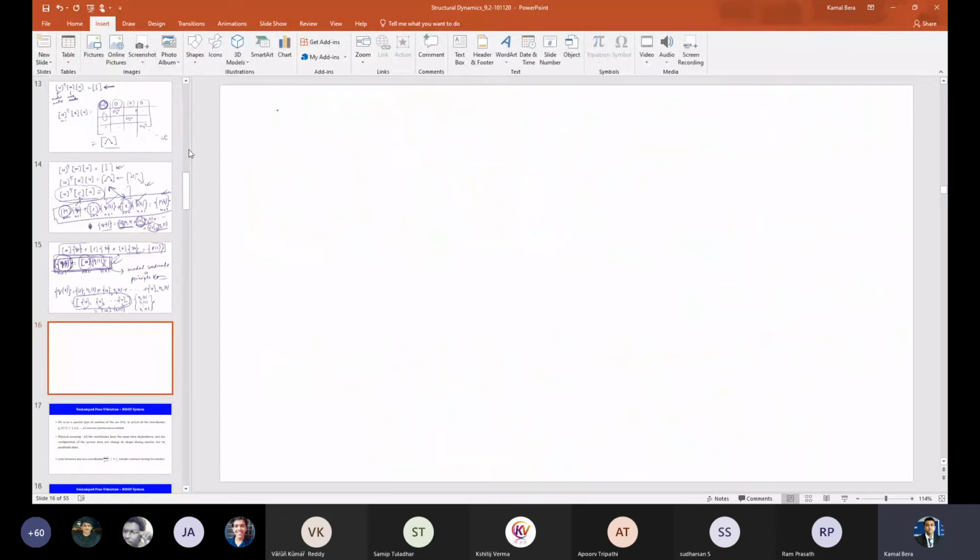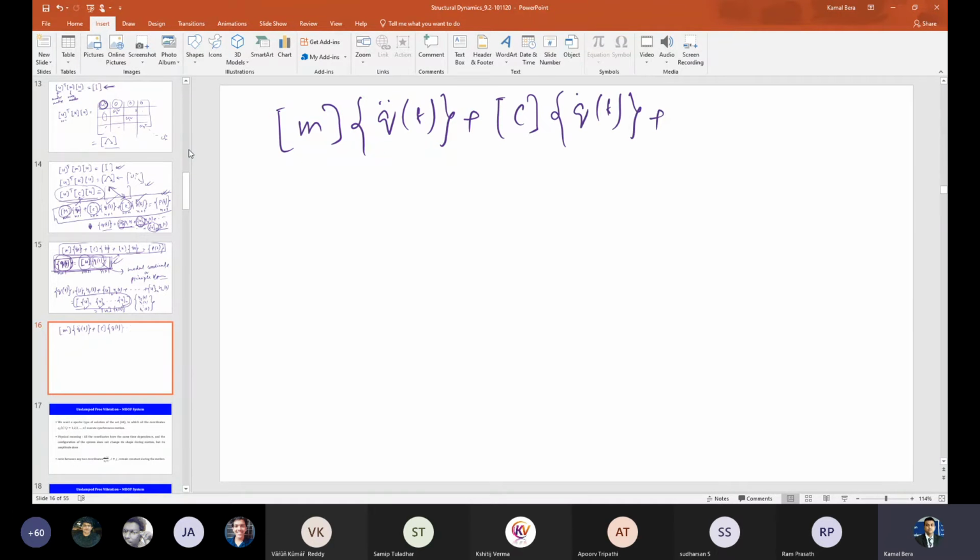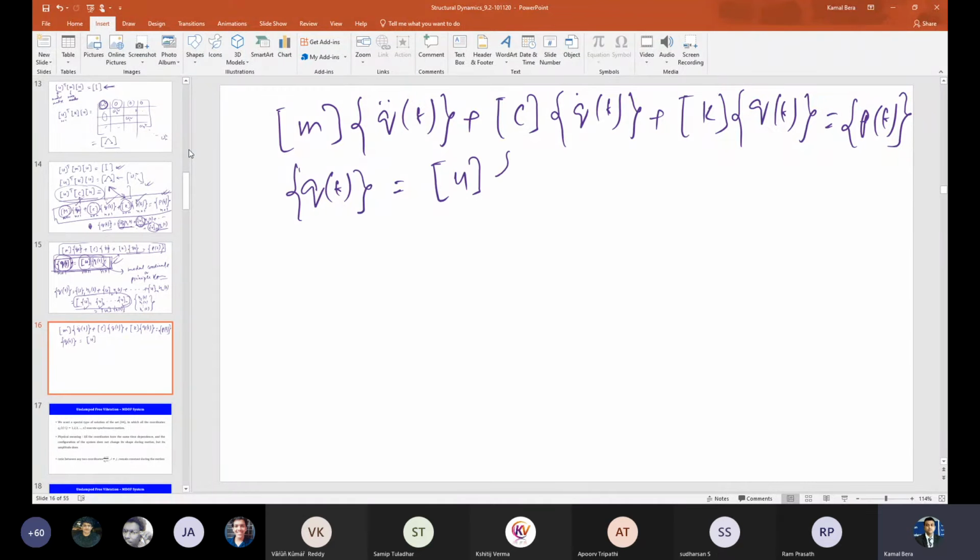Write it again: M q double dot t plus C q dot t plus K q t equals p t. What is our transformation? I am saying that my q t, the response in the physical coordinate, equals the modal matrix into the response in the principal coordinate or modal coordinate.